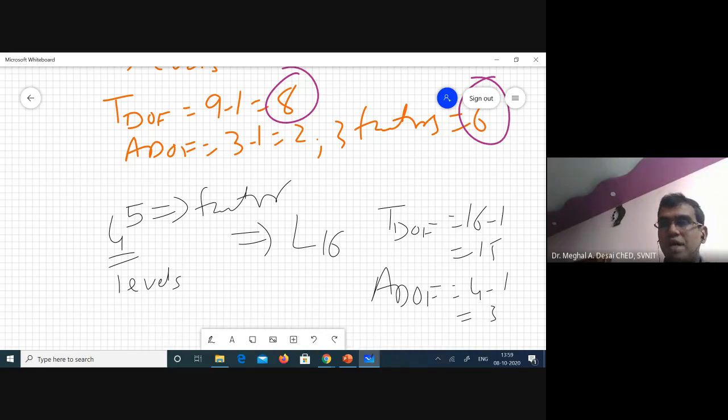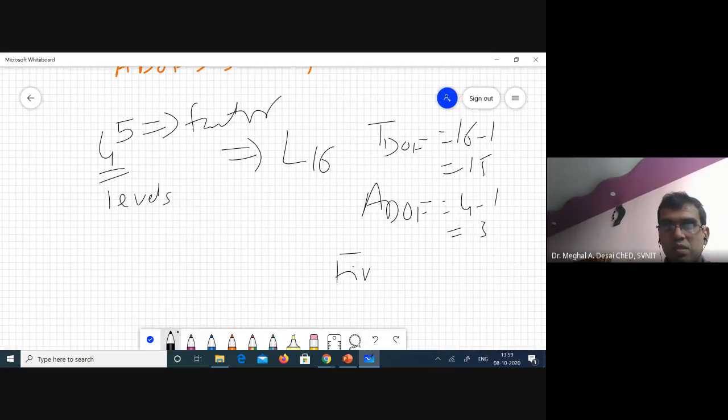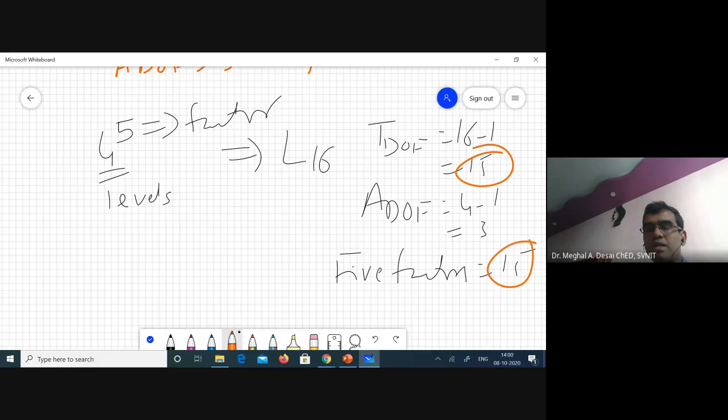We have 5 factors, that means I have 15 degrees of freedom. So if you compare the total degree of freedom and the summation of individual degrees of freedom, the error is 0. So you have to pool the error. Select one factor in your system which can be considered as an error. That factor will have the minimum sum of squares.